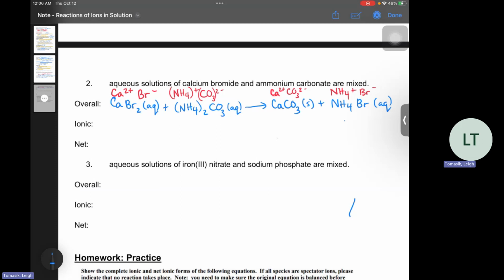Okay, so let's try to write the total ionic equation.